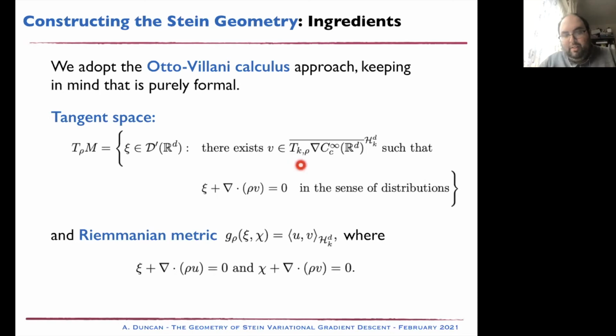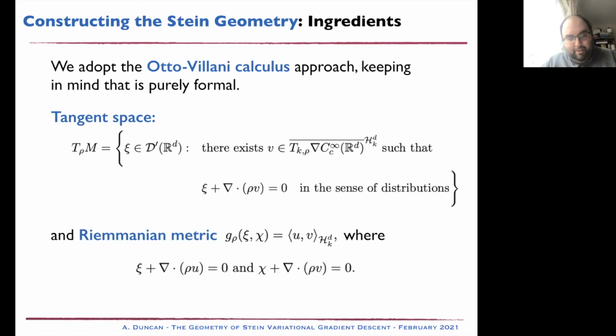And V has to be an element, sorry, an image, of this set here. The key point is that it has to be an image of T. And T, recall, is a very smoothing operator. So in some sense, the set of possible V's is quite small because it's an image of a very nice smoothing operator. And so there are not many directions in which you can go.